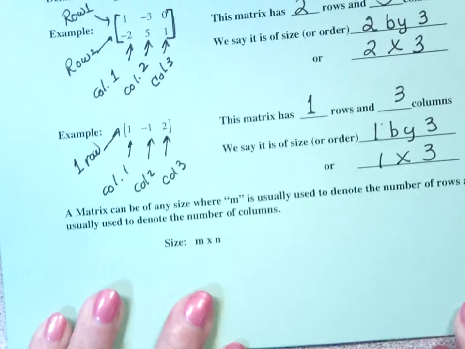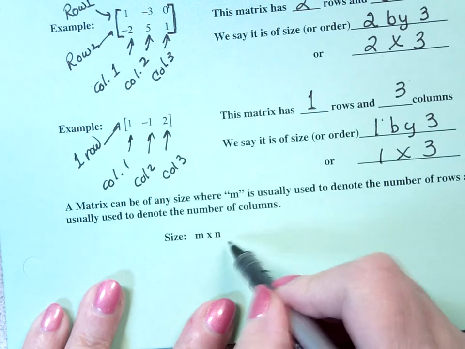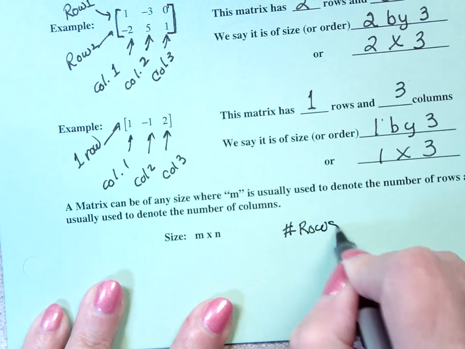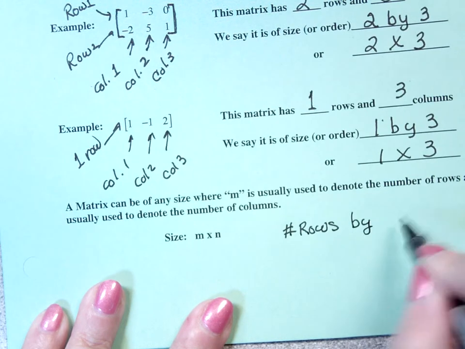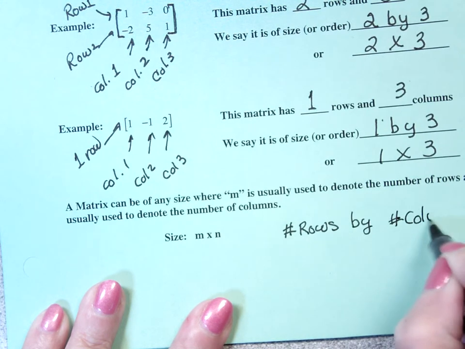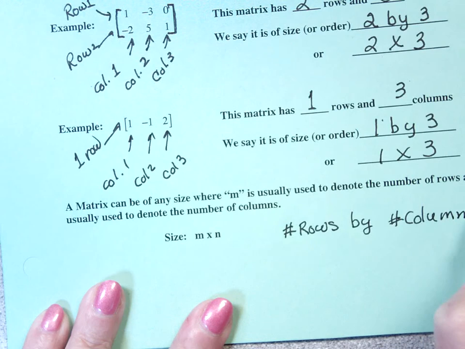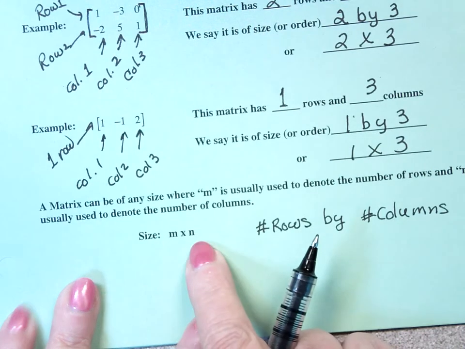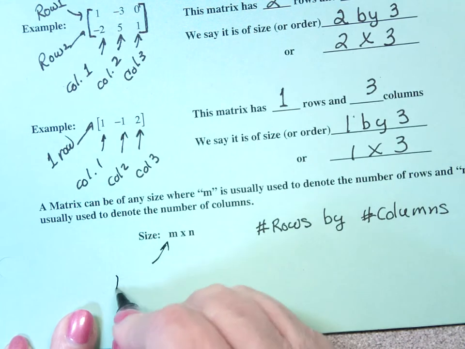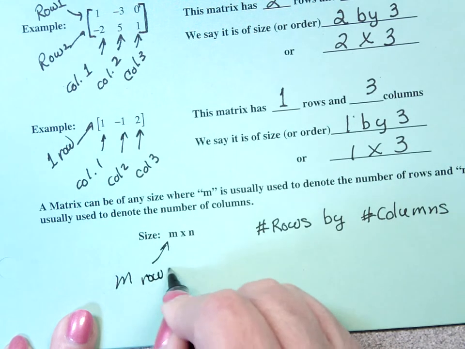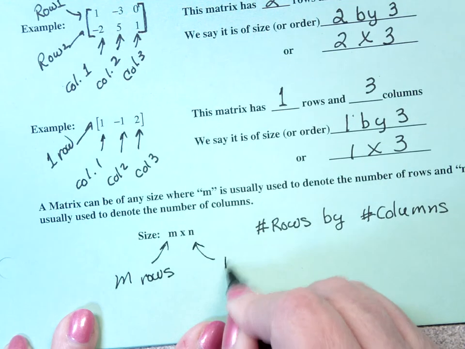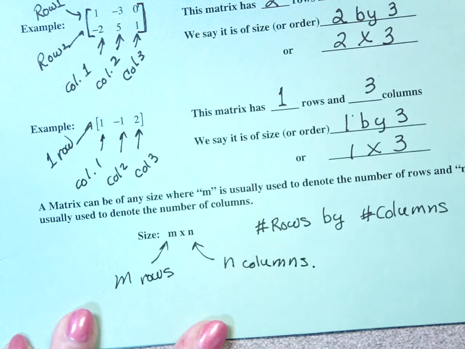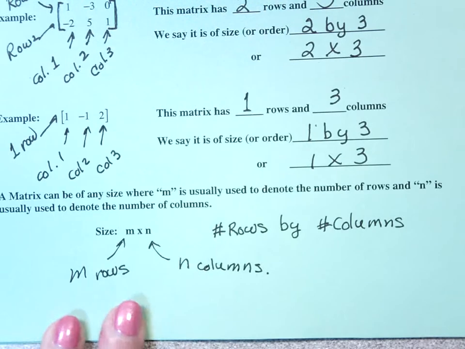So the notation is an m by n. It's the number of rows by the number of columns. So an m by n matrix would have m rows and n columns.